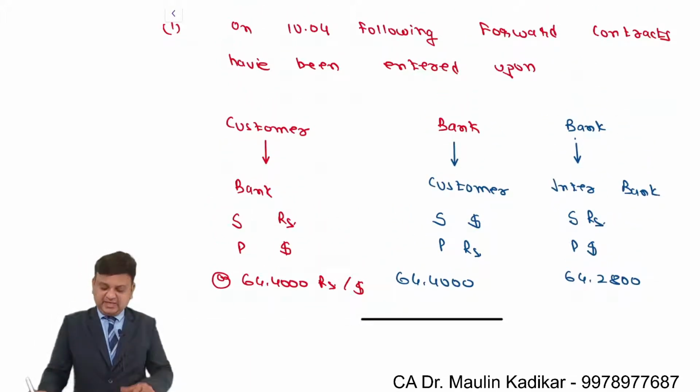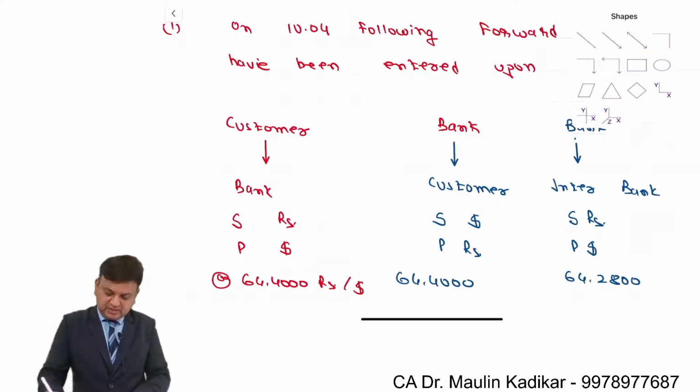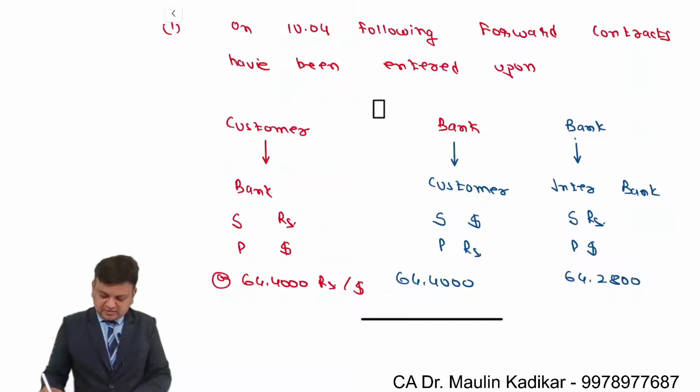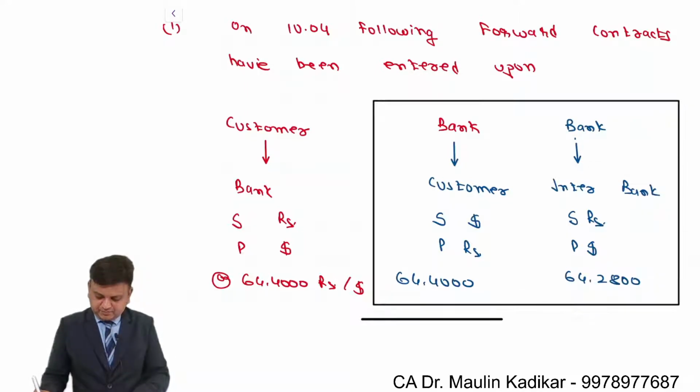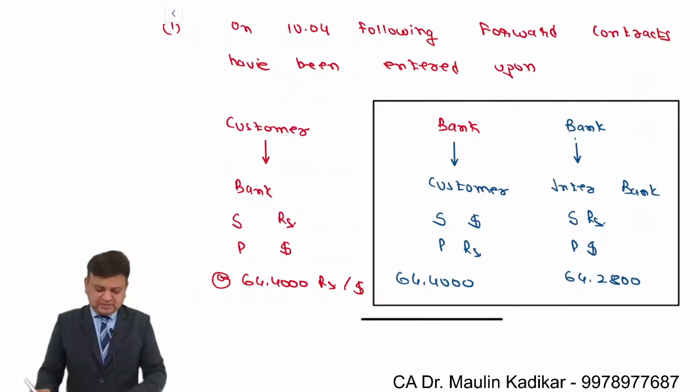So basically the bank has entered into two contracts. One is to buy dollar at 64.28 and another is to sell dollar at 64.40. So it was supposed to make a gain of 12 paise per dollar. That is what we understand as the initial transaction.